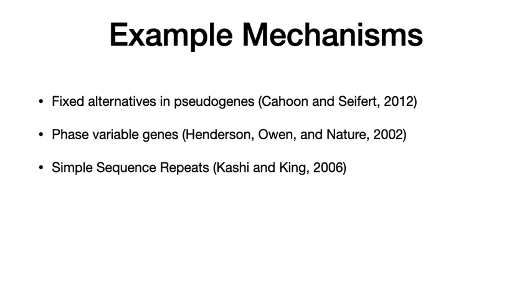Another interesting one is simple sequence repeats, and so these have been likened to tuning knobs in the genome. So a simple sequence repeat is a sequence that has just usually 1 to 9 base pairs, and they just repeat over and over and over and over again in the genome. So it's a simple sequence and it repeats.